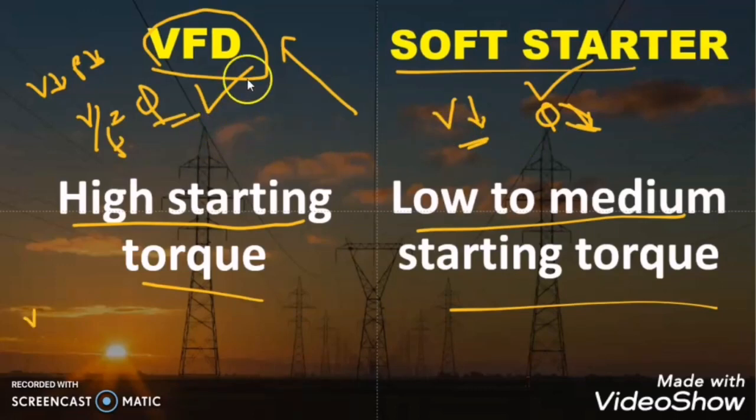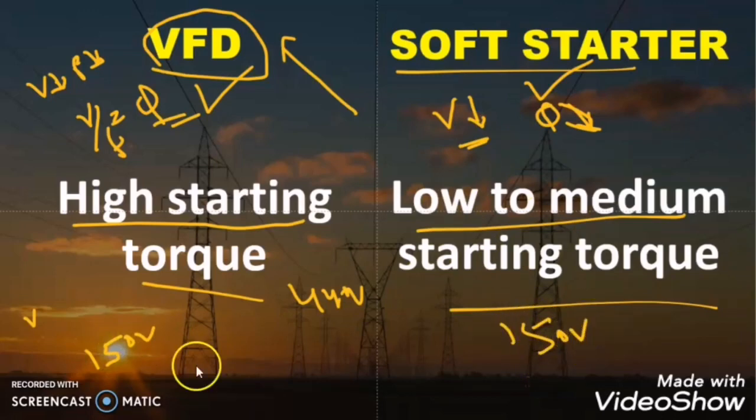Let me give you an example to better understand this difference. Let's say in the VFD, we are giving a small voltage. The rated voltage is 440 volt, and at the time of starting, the VFD gives 150 volt. And the soft starter also gives a voltage of 150 volt. But as the frequency is also reducing in the VFD from the rated frequency of 50 Hz to, let's say, 25 Hz, the torque which the motor has during starting is higher.